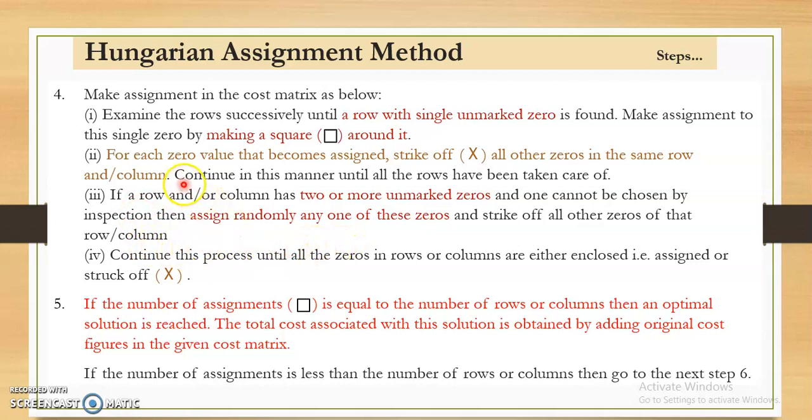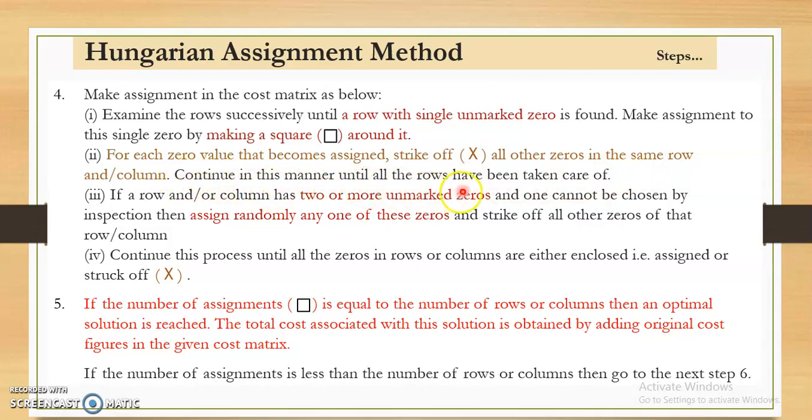Once we perform the row and column operations, we get at least one 0 in each row and column. So here our rule is: find a row which has only one 0 and make a square around it, and for each 0 that becomes assigned, strike out all the other zeros in the same row or column.